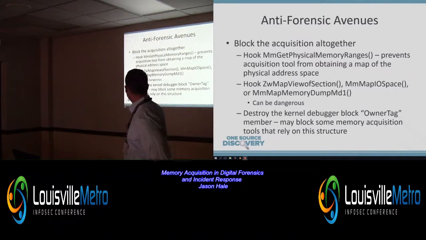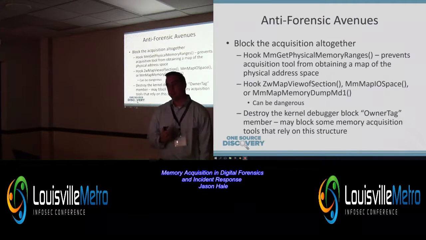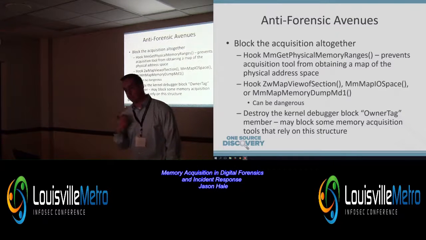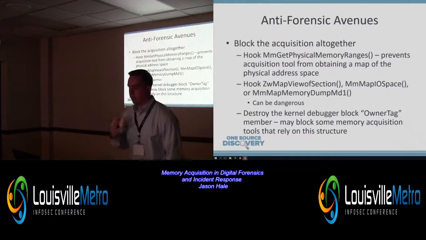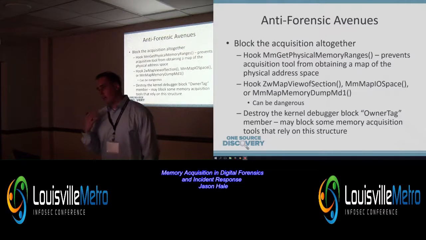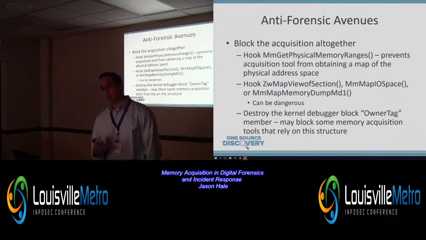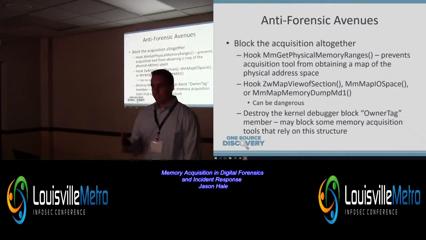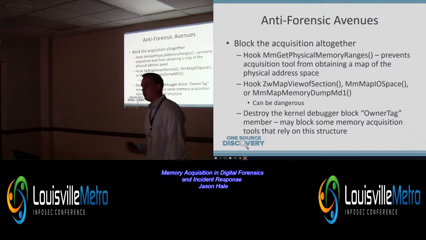So that's one option, and it turns out that hooking this get physical memory ranges is actually fairly stable, and research has shown that this is a kernel API that is not really used by legitimate drivers, and this is a theme that we'll see here.